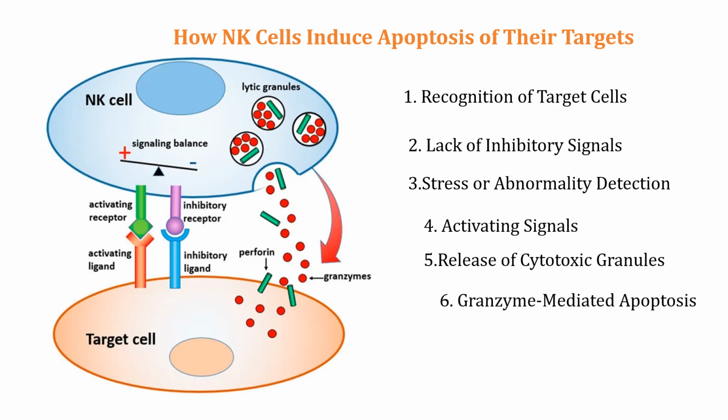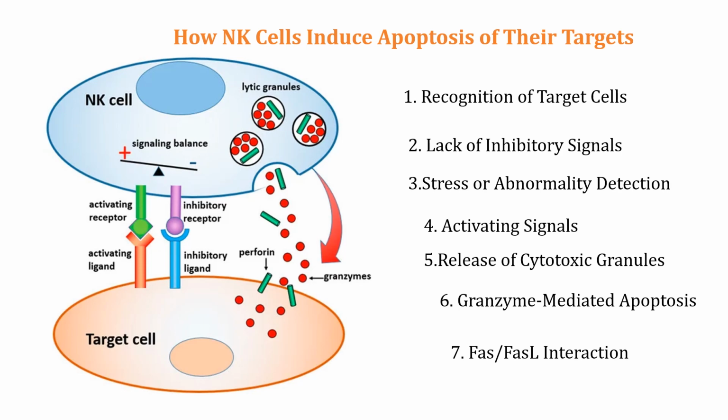Sixth step is granzyme-mediated apoptosis: once inside the target cell, granzyme activates caspases, which are enzymes involved in the apoptotic pathways. Seventh is the FasL interaction, which is not shown in this diagram, and which is also used by the NK cell to induce target cell apoptosis.